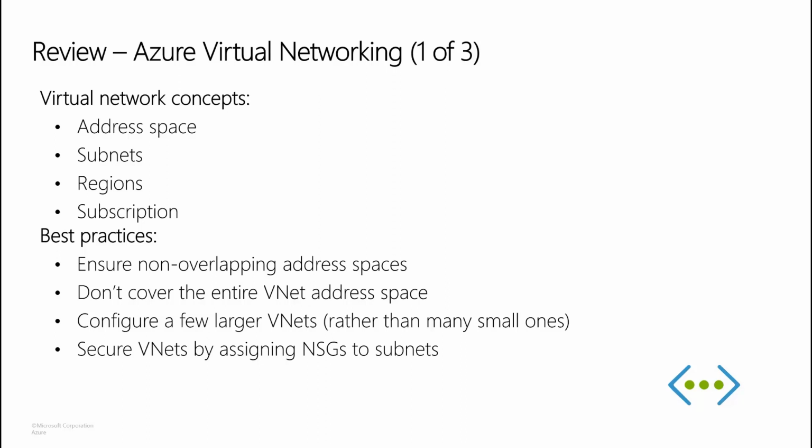Like, let's say you are creating /24 VNets and you have to create a lot of them to accommodate all your hosts. So rather you can go for /8 or /16 and do subnetting, so that in case you want to change something at the VNet level, you just have to change the /16, not a large number of /24s. Finally, secure your VNets by assigning network security groups to the subnets.